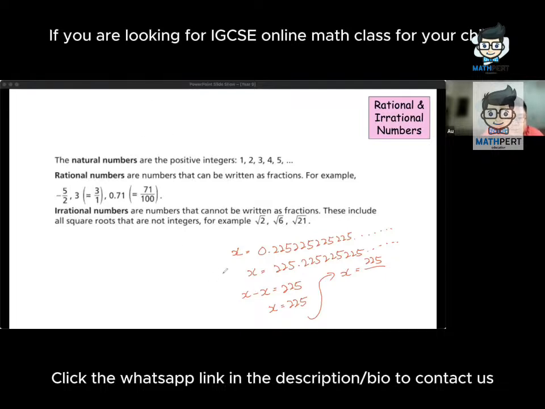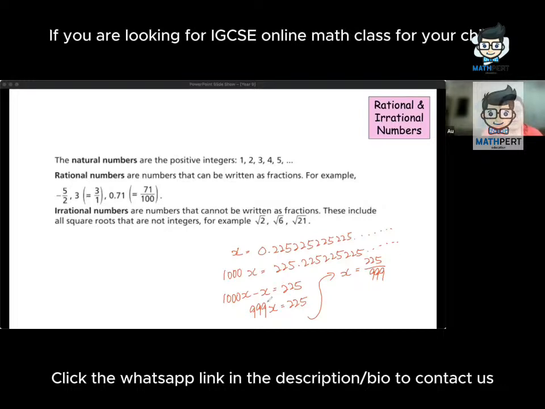You times 1000, you get this 225 point this. So it'll be 1000x minus x, you get 999. So you get 225 over 999. If you use your calculator, key in 225 divided by 999, you will get 0.225225225. This is the method, okay?